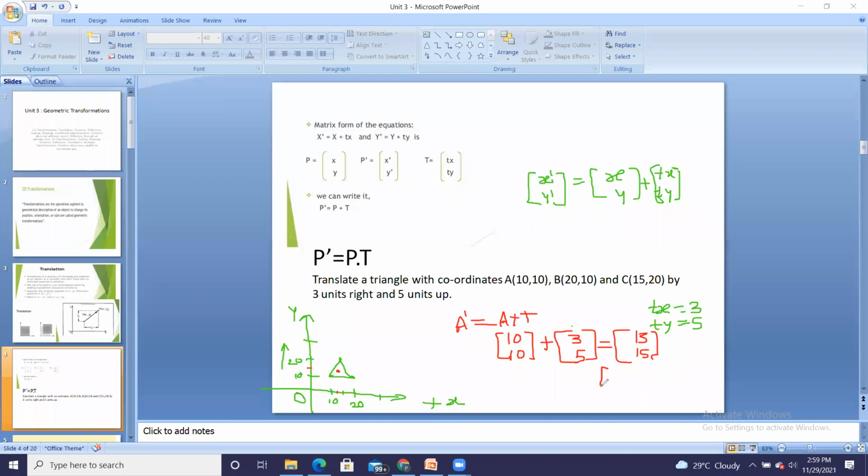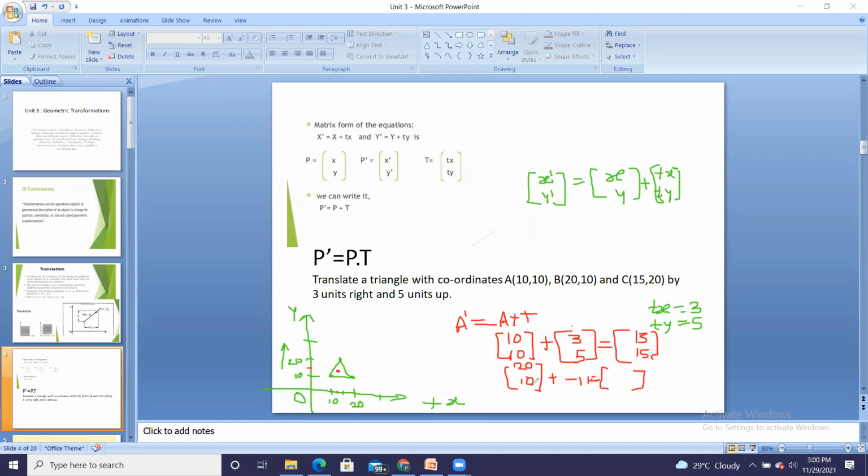So what is the b dash final value? In that, I have to take b 20, 10 and add 3, 5. So instead of 10, 10, I will have 20, 10 and plus this factor as it is. So this is same.